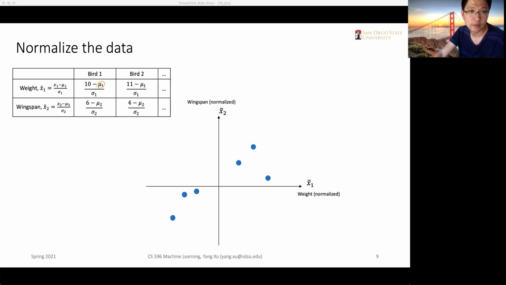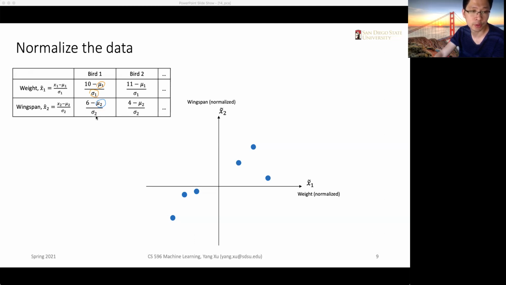The mean of the weights, mu1, is subtracted, and mu2, the mean of the wingspan, is also subtracted. Then we divide by the standard deviation of the weights and the standard deviation of the wingspan.